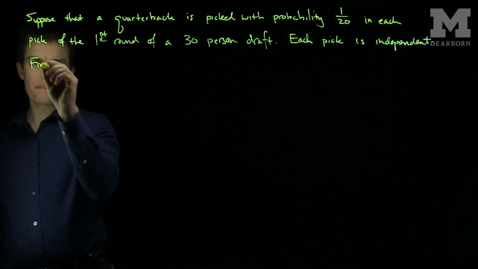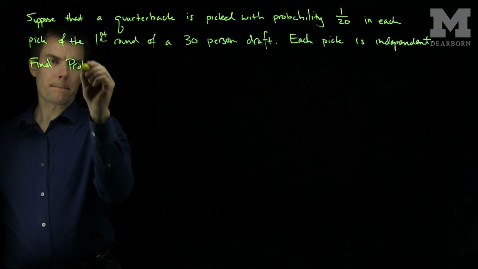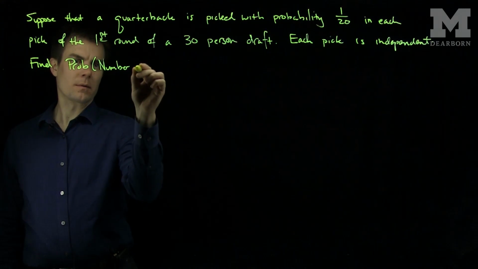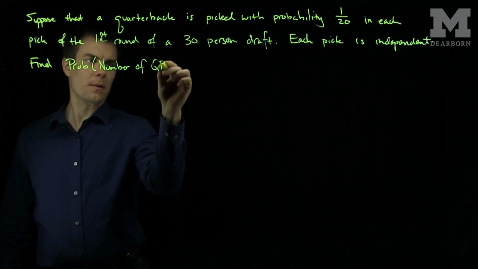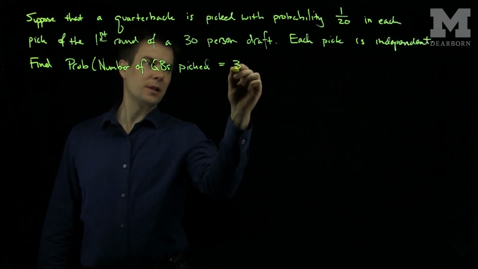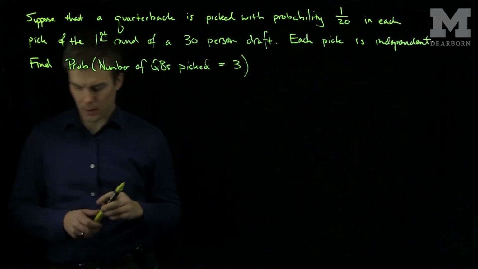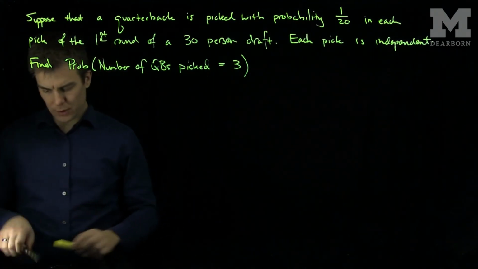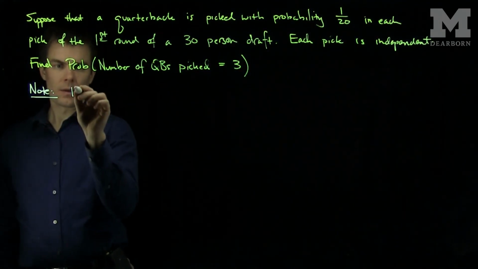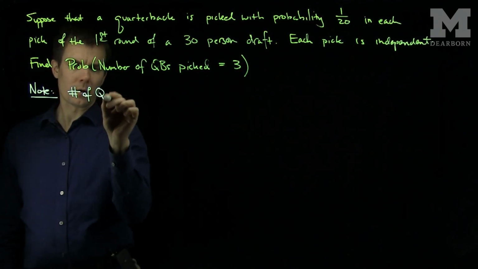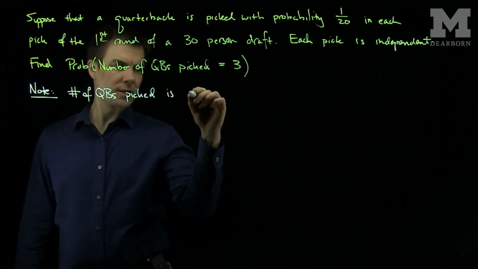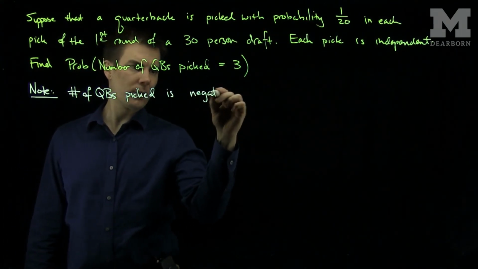Let's find the probability that the number of quarterbacks picked is equal to 3. What we can do is note the number of quarterbacks picked is negative binomial.